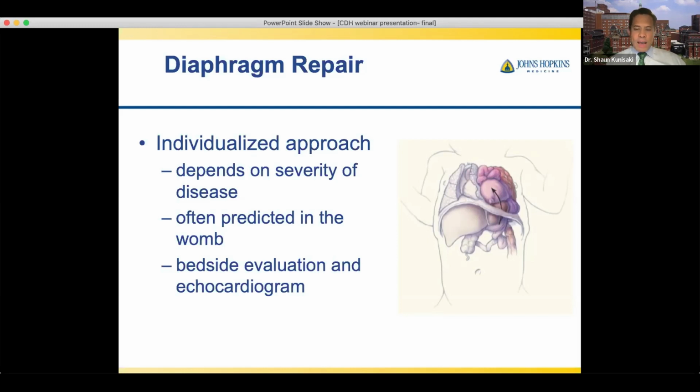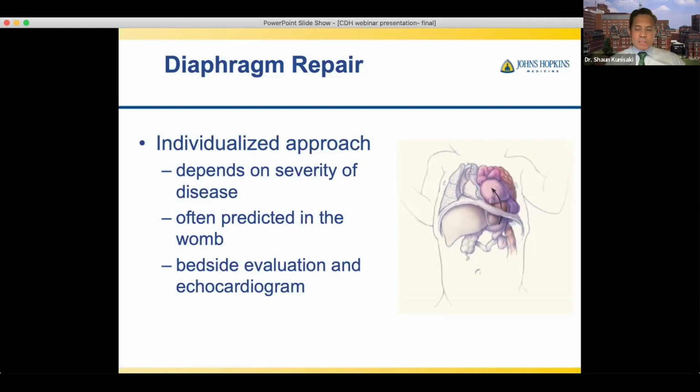And one important factor in surgical decision-making is disease severity, which really has a wide clinical spectrum, as Dr. Baschat has already alluded to. On one end of the spectrum, there are babies who barely need any ventilator support at birth. To the other end of the spectrum, with an unstable child whose lungs are really not working at all at delivery and need emergent ECMO cannulation within the first few hours of life to avoid death.